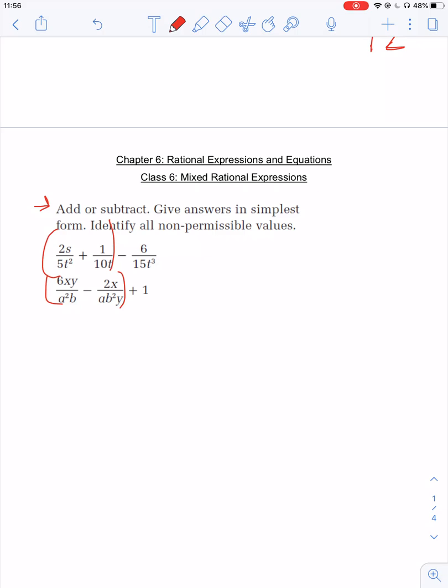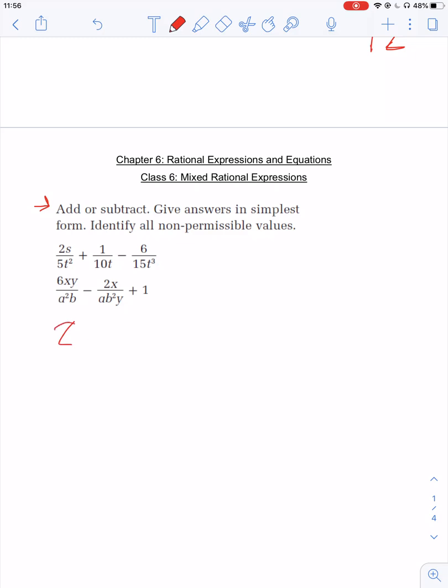The question becomes how to find the common denominator. Because now you have three of them, so you're gonna have to compare all three of them to each other. So no worries. Let me just rewrite this.